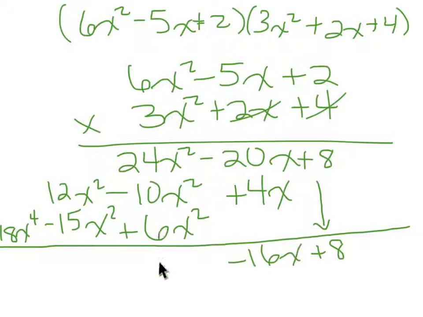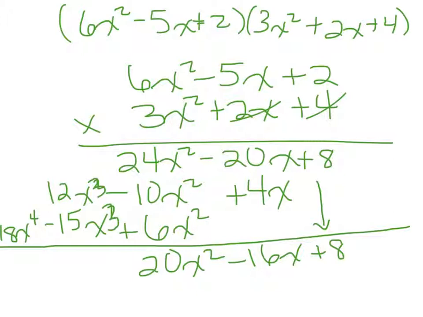Here we're going to add this column together, so 24x squared minus 10x squared plus 6x squared is going to actually be 20x squared. And then we come over here to the x... I'm sorry. These are both supposed to be x cubed.